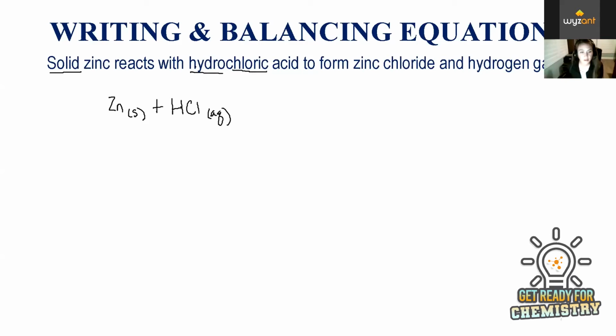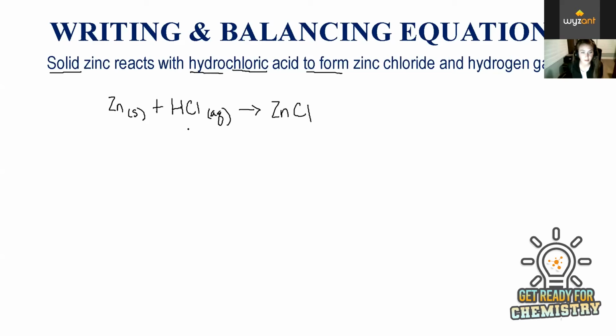So hydrochloric means there's no O and you're looking for chlorine, and then attach an H to it. Then you always look at the charges in acids to make sure they balance out. Chlorine is -1, H is +1, so they're good. It's just HCl. So zinc reacts with hydrochloric acid to form, this means arrow, zinc chloride. Zinc chloride is an ionic compound.